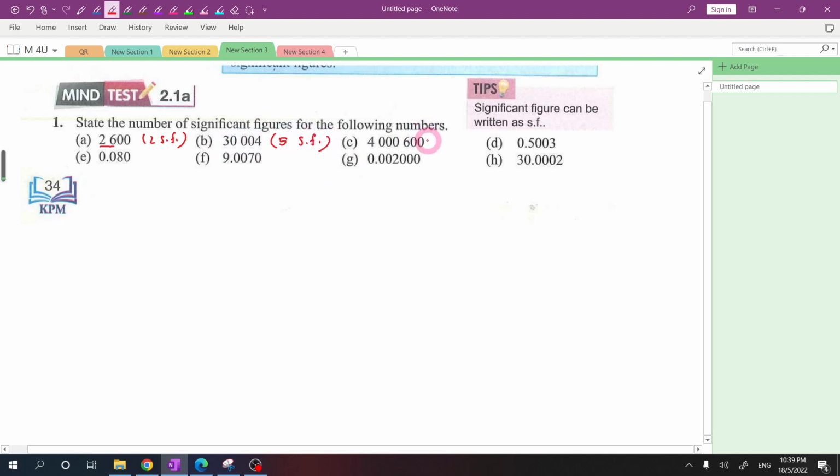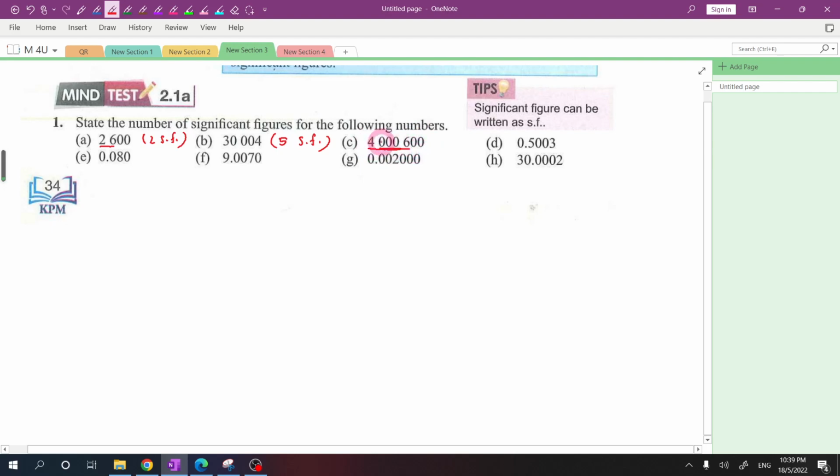How about this one? These three zeros lie between two non-zero digits. They will definitely be considered significant figures. How about these two? As I told you just now, if the question does not tell you anything, we just consider they are not significant figures.